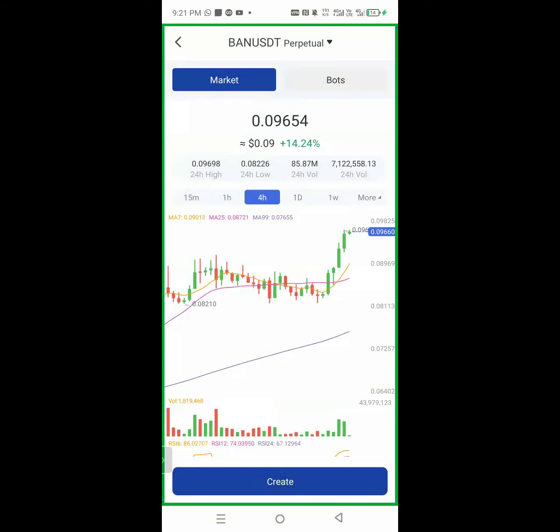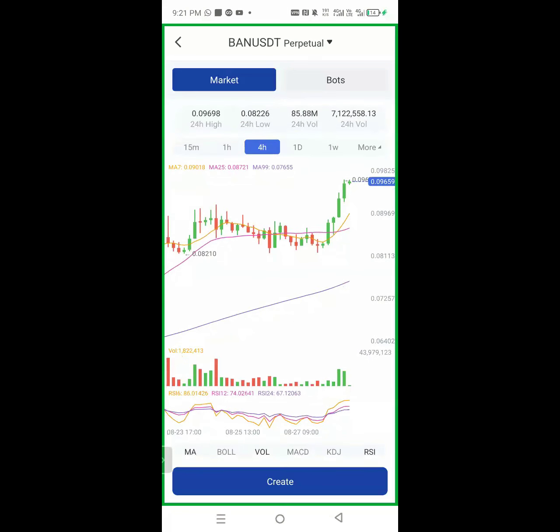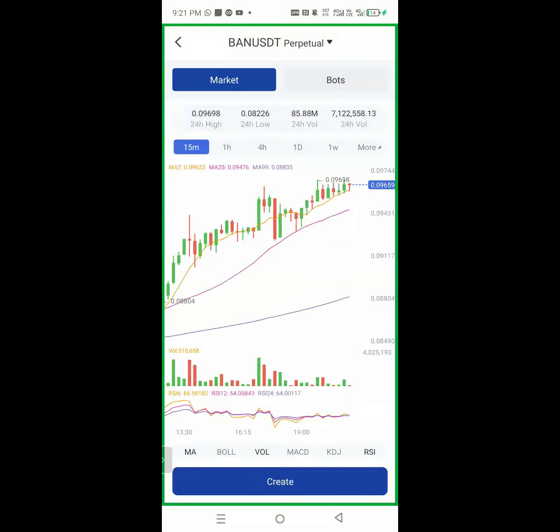So you can see this trade is still going up. 86 and 74. Let's go to 15 minutes. 66 and 64. So you can just set it maybe before morning. The trade will do all its pumping and start dropping. You understand?